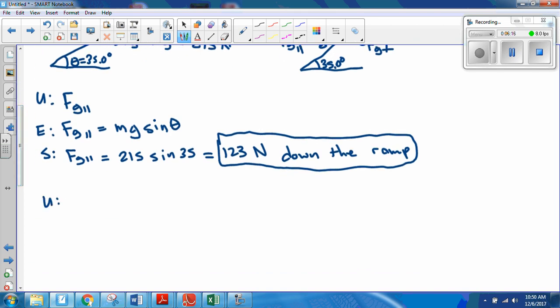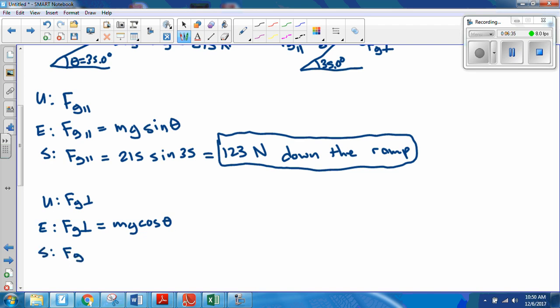So unknown. Fg perpendicular. Well, what's our equation for Fg perpendicular? Good, it's mg cosine theta. Okay, so we just got to plug in again, right?